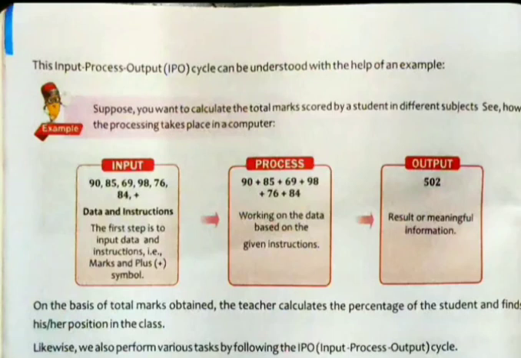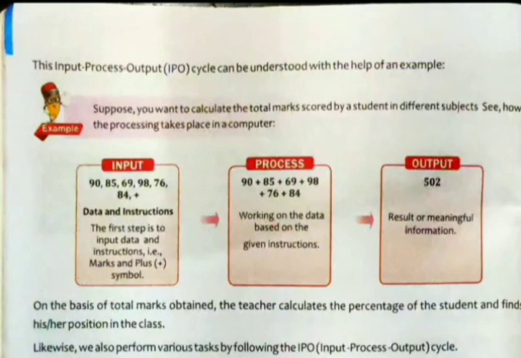As in the first step, we entered the digits as data and we had given plus as instruction. So now in the next process, the data is being processed according to the instructions given. That means all the numbers are being added.